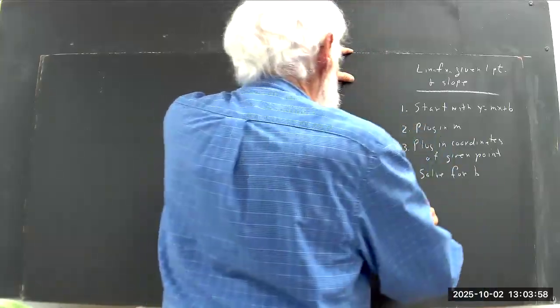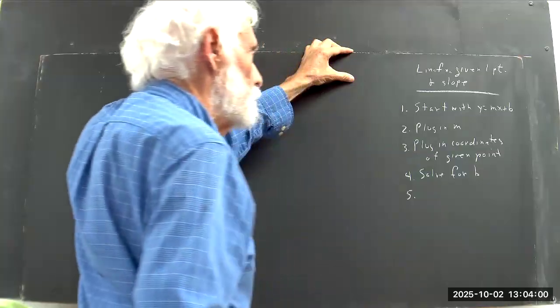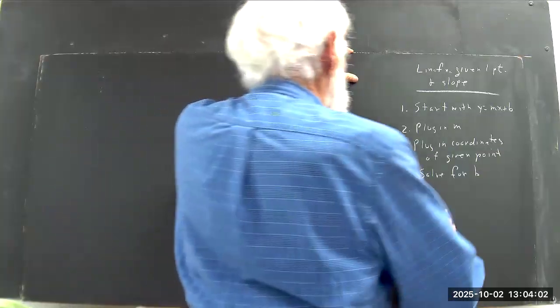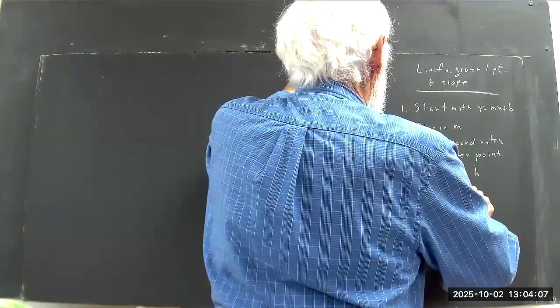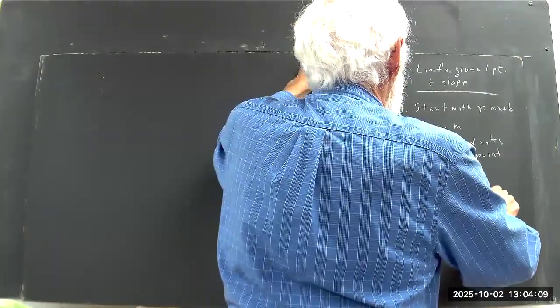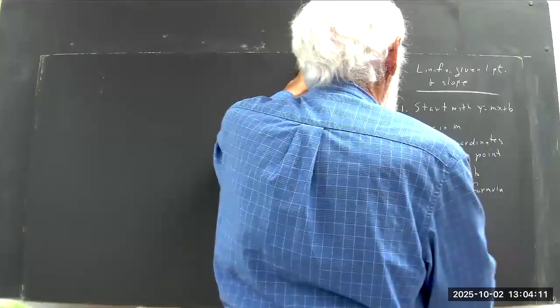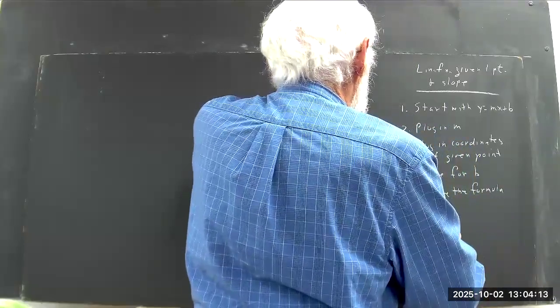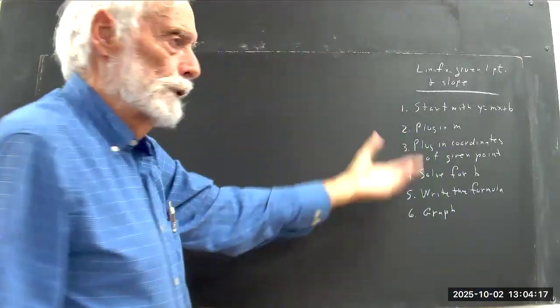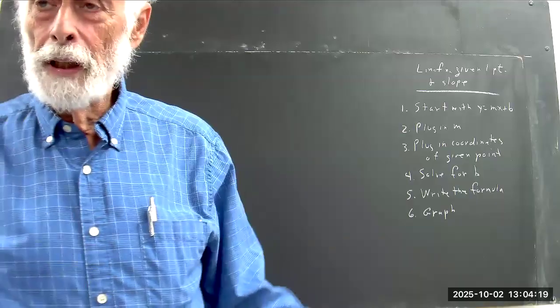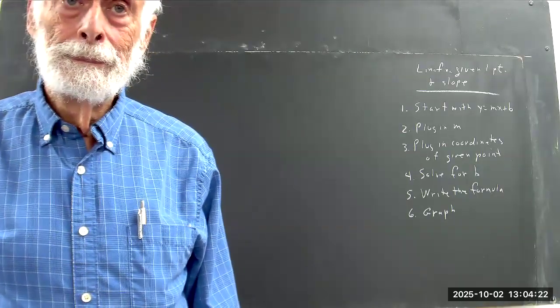Solve for b. Write the formula. And I'm going to say 6. Not sure you know how to graph the thing. Should have said that on the one before. Okay.